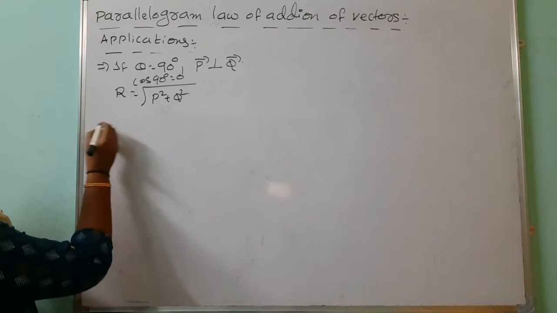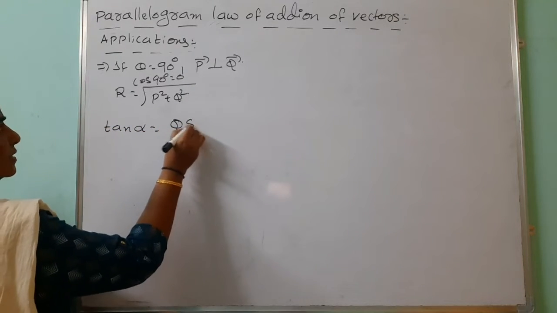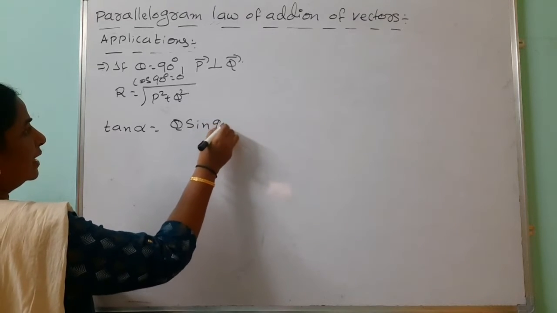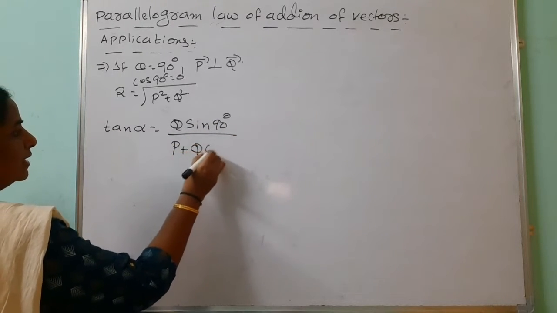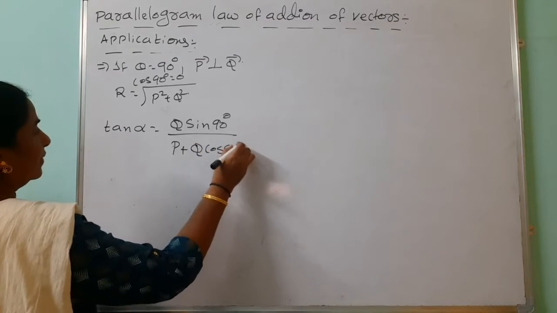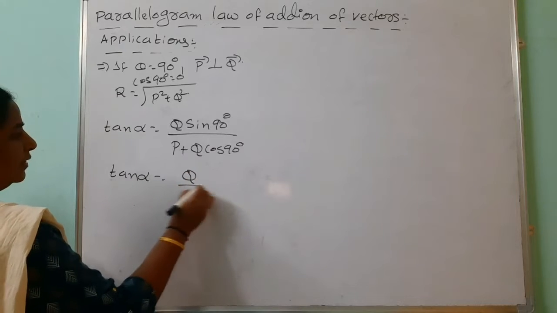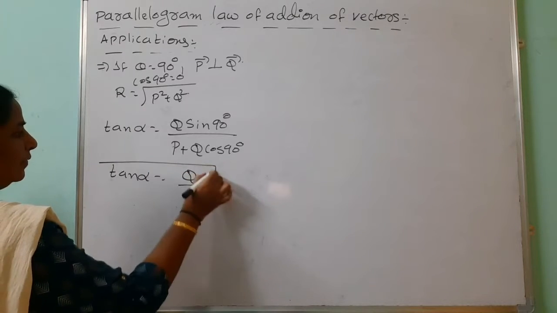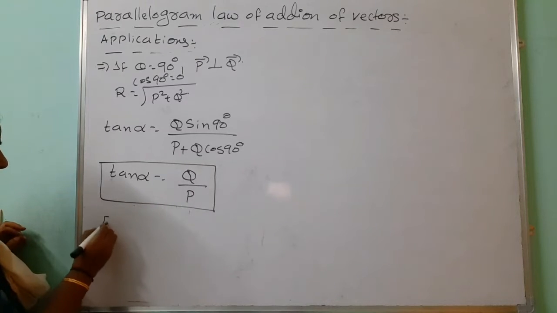One more thing we can find: tan alpha equals Q sin 90 degrees by P plus Q cos 90 degrees. Sin 90 is 1, so tan alpha equals Q by P.